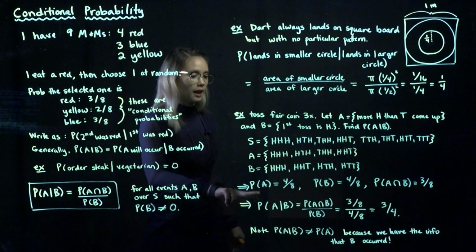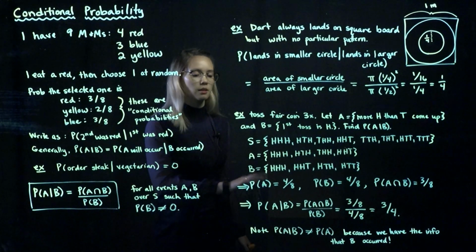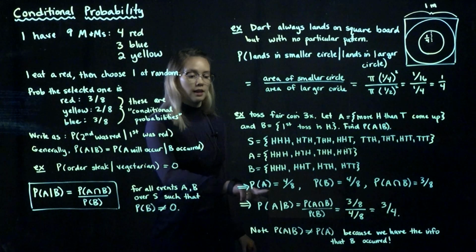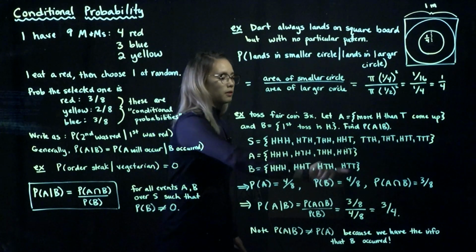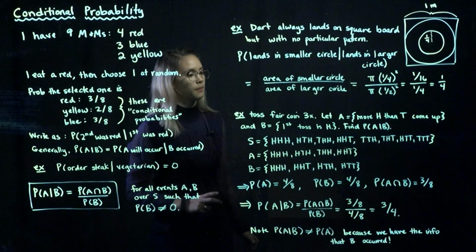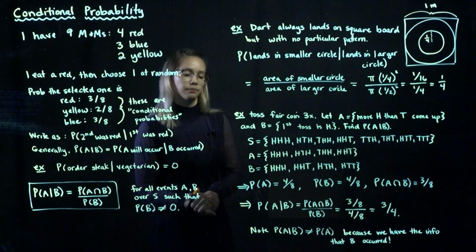All right, so some things that could be useful. First, the probability of A is 4/8, the probability of B is 4/8 because we have 4 items in each of these sets. And then the probability of A intersect B is 3/8.